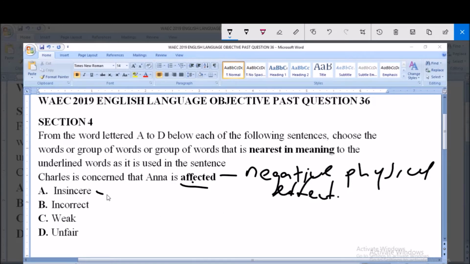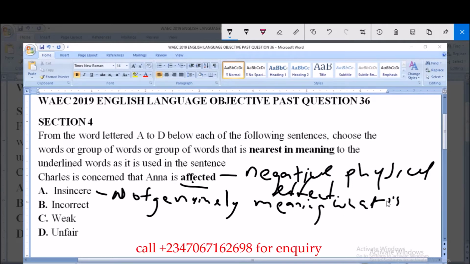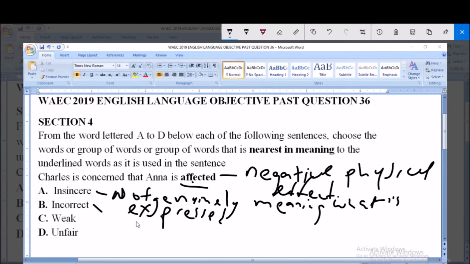Now insincere, which is option A, means not genuinely meaning what is expressed. Incorrect, of course, means not correct or wrong.